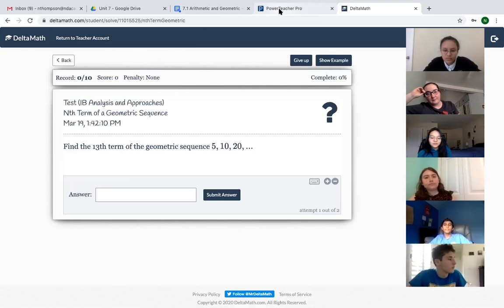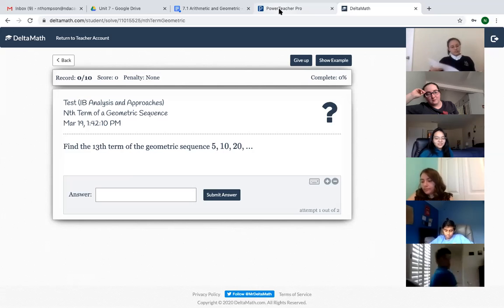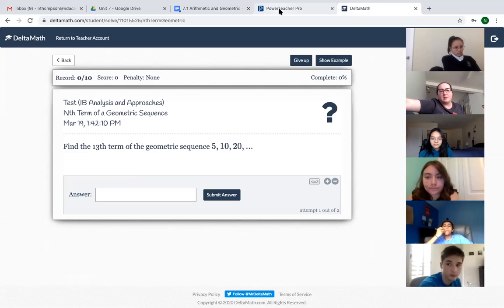What do we do with them? There won't be any of those on here. I know, but I'm just wondering what that is called, and if there's any formula for it. I don't think it has a name, and I don't think it has a formula. You can come up with patterns, I guess, but most of them are going to be geometric or arithmetic, at least for this class.